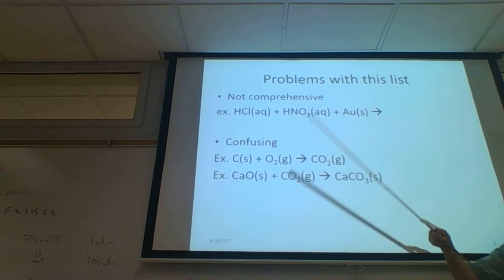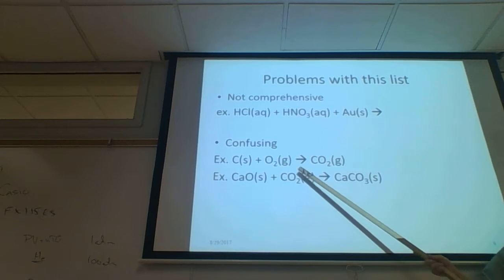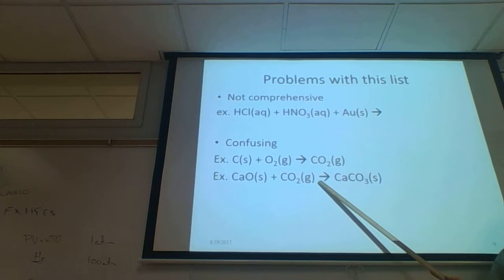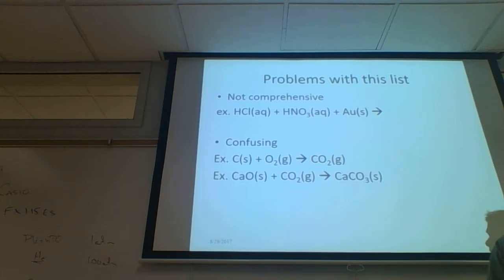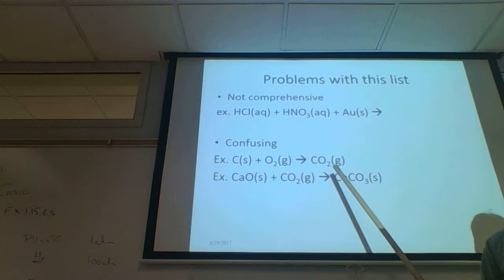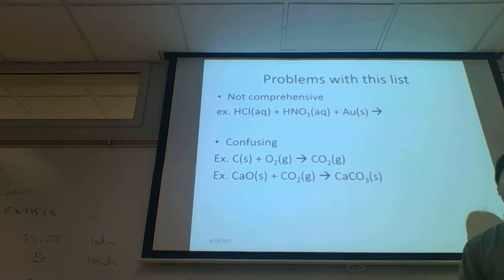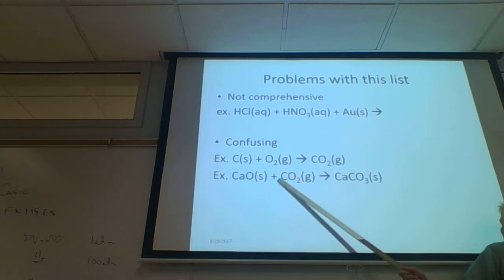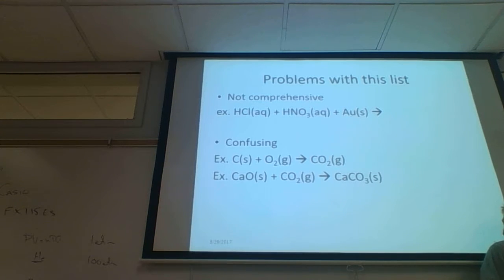But in the earlier classification, even in Petrucci, he called both of these combination reactions. But they're totally different. What Petrucci does is look at the form: A plus B yields C, or AD plus CD yields EF, something like that.